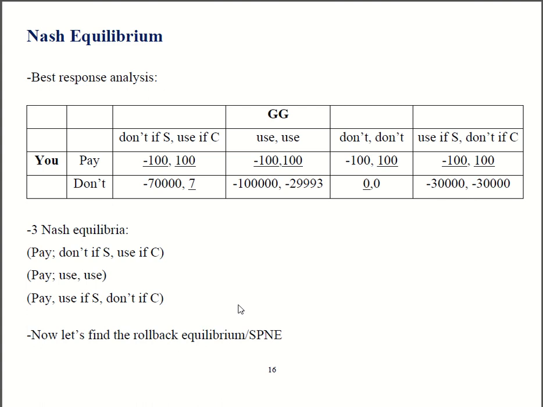So that is all based on non-credible threats. We know that sane Grenade Guy is not actually going to use the grenade. And likewise, we know that crazy Grenade Guy will use the grenade, so both these threats are not credible. So this Nash equilibrium is not subgame perfect. You can rule out both of these, and you're left with just the one subgame perfect Nash equilibrium.